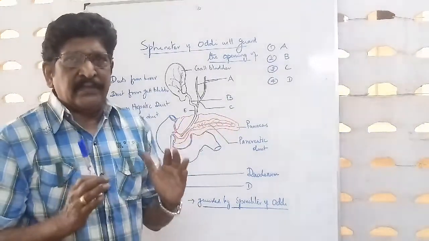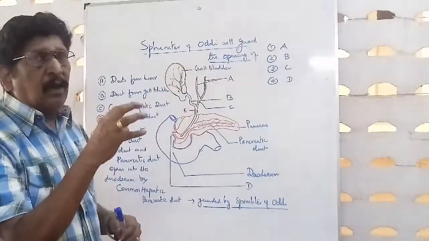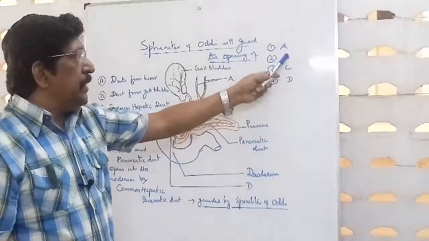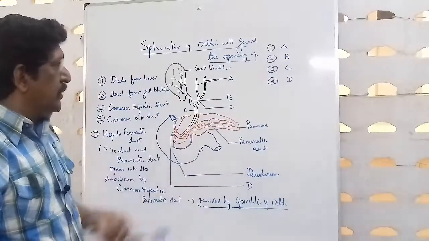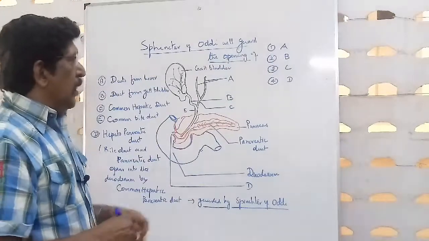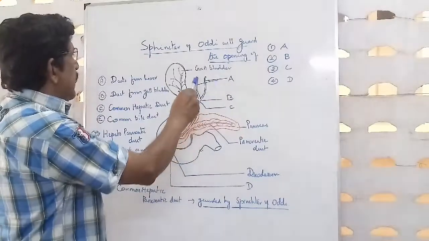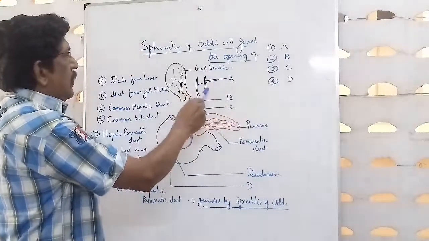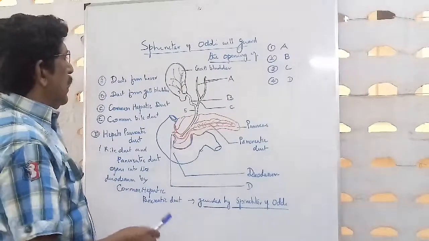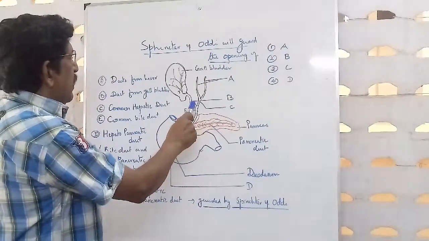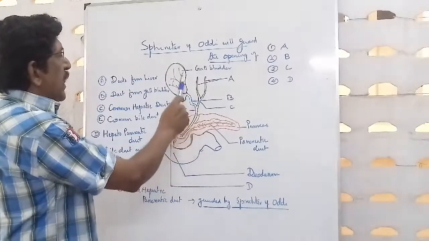So question here is that sphincter of Oddi will guard the opening of A, B, C or D. That is the question. Now I will explain. So these two are the ducts from liver, and this duct is the duct from the gallbladder.